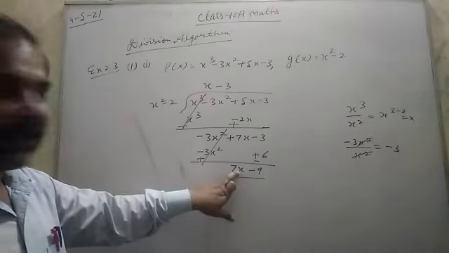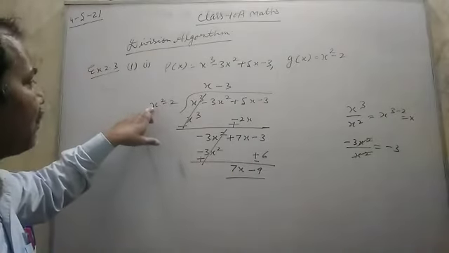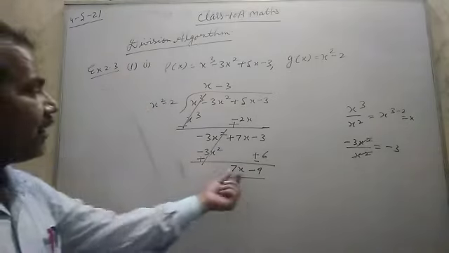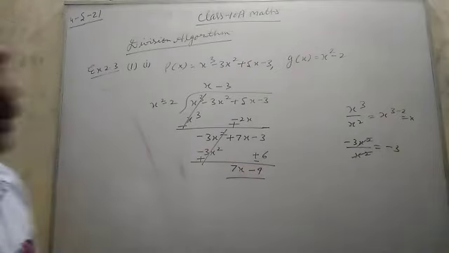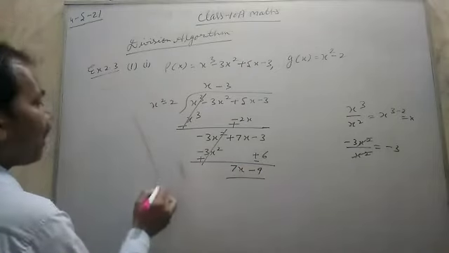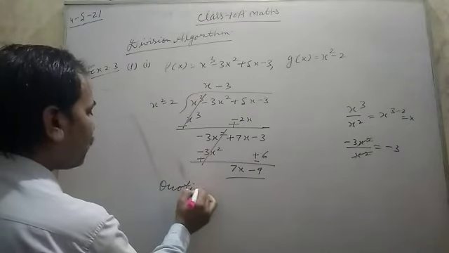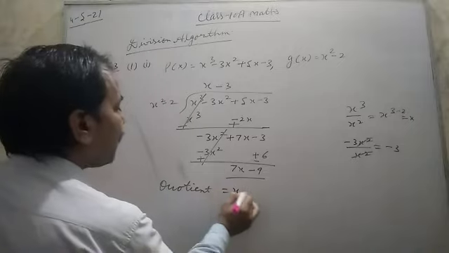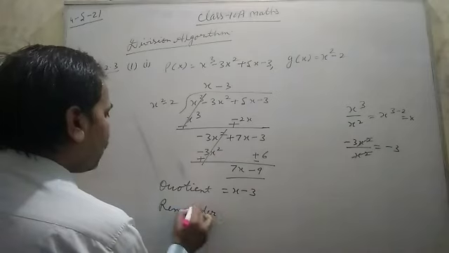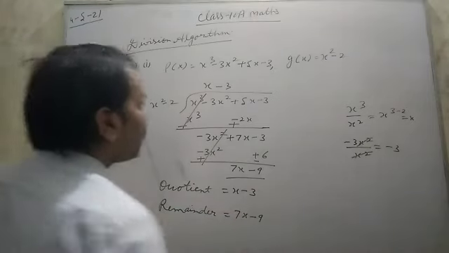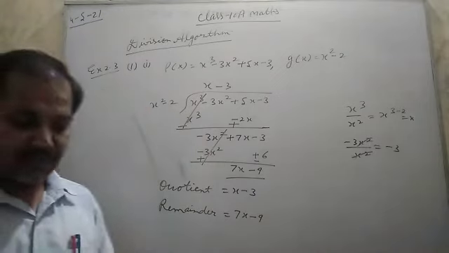Now remember, the degree of the remainder is less than the degree of the divisor, so the division stops now. Asking for quotient and remainder: the quotient is x minus 3 and the remainder is 7x minus 9. This division you have also studied in class 9th.